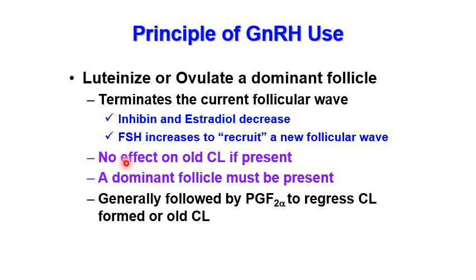So a dominant follicle must be present to respond to GnRH. That is a requirement. For the GnRH use, there should be a dominant tertiary follicle. This is generally followed by PGF2 alpha, and of course the purpose of giving PGF2 alpha after GnRH is to regress the CL formed or the old CL.